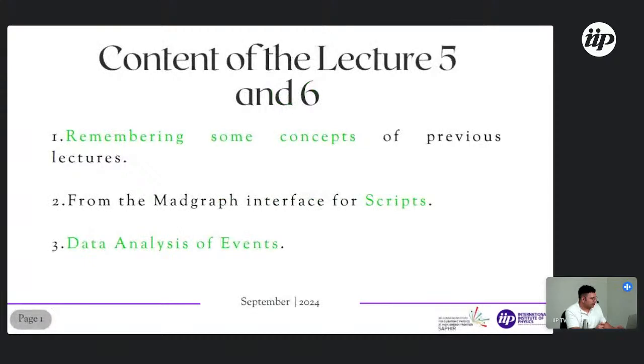So I separated lectures 5 and 6 into 3 parts. In the first part, we are going to remember some concepts that were important, and we are going to use them for the analysis of the events that we are going to analyze using the Python language. So it's important to review those concepts.